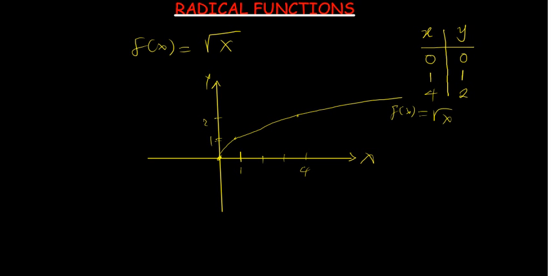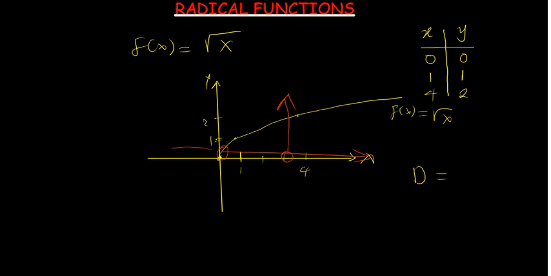Now looking at this one, the domain, the set of x values permitted for this function, we are starting from here. So the x values, we can see that we are only starting from 0. We are starting from this point and then going towards this point. Those are the x values. And then the y values also, we are starting from here, going like that.